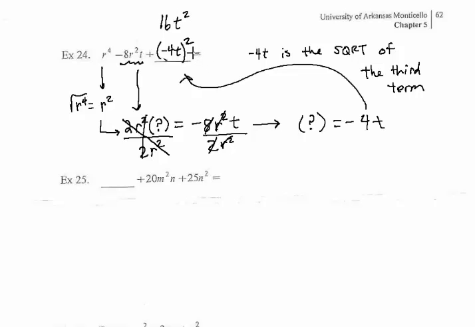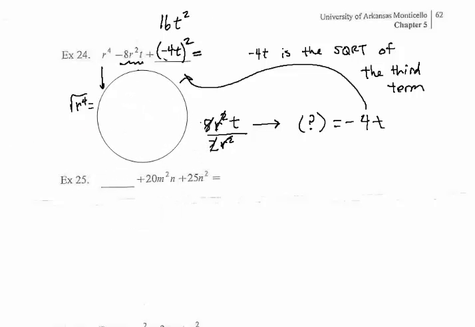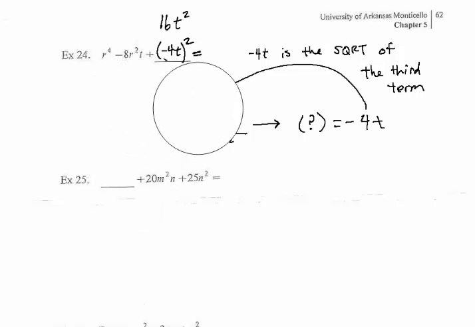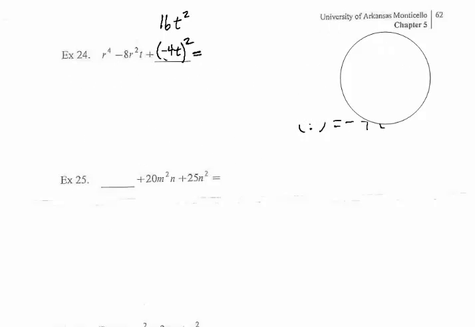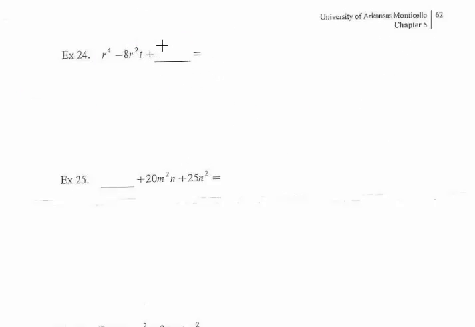How do we factor it? That's what they're wanting us to do with this equal sign off to the side. Well, let me erase all this other stuff. Now that we know what the first and the third terms are, and we know the square roots, the square root of this first one was r squared, the square root of this one was a minus 4t.